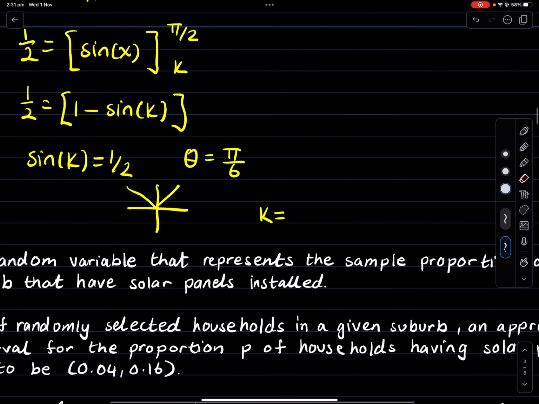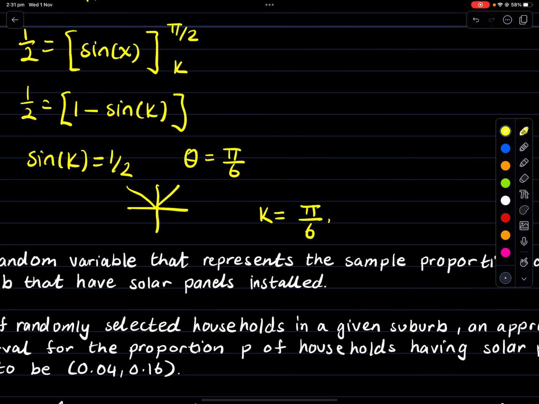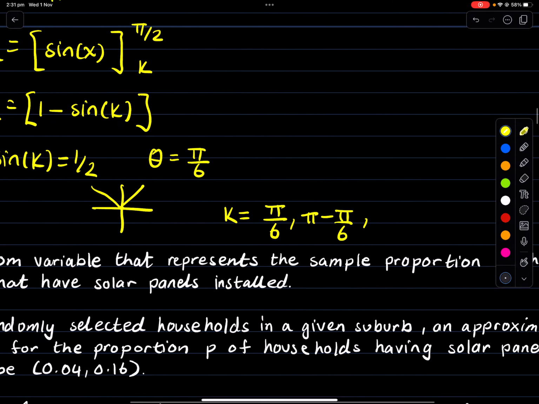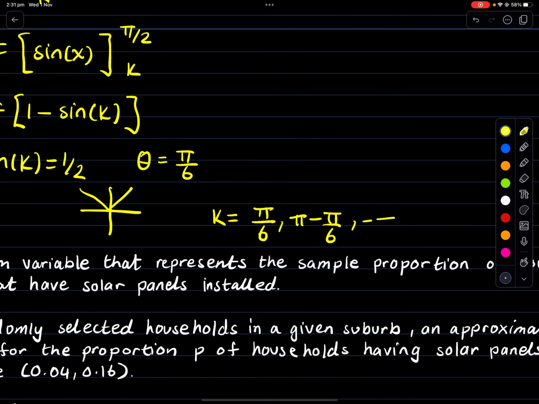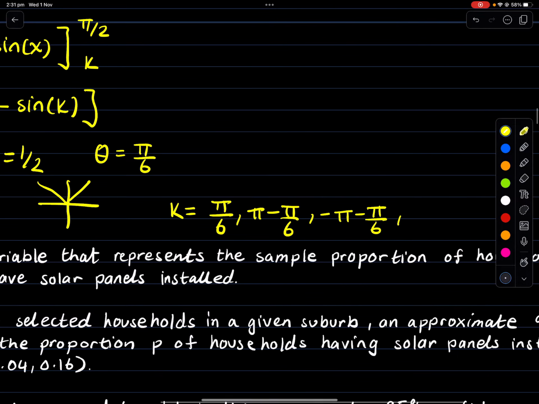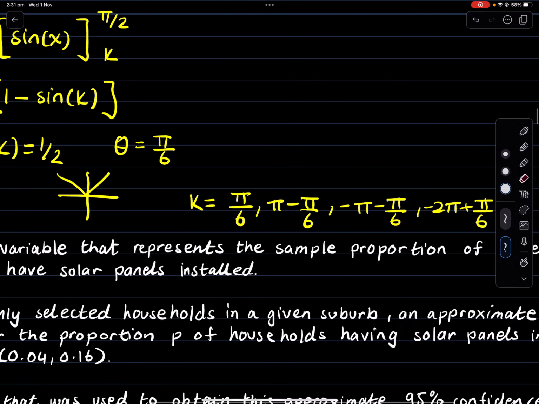So your values will be pi on 6, pi minus pi on 6. You can also get negative pi minus pi on 6, and negative 2 pi plus pi on 6. And yes, those are the only 4 ones.